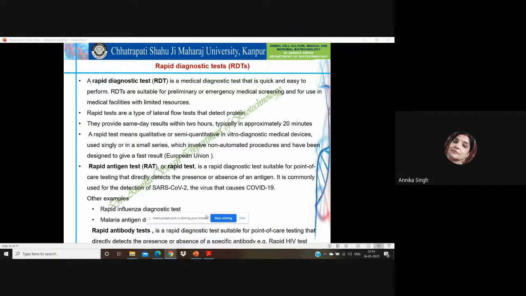For example, in the case of the rapid HIV test, the antibodies in a patient are detected by this rapid test.